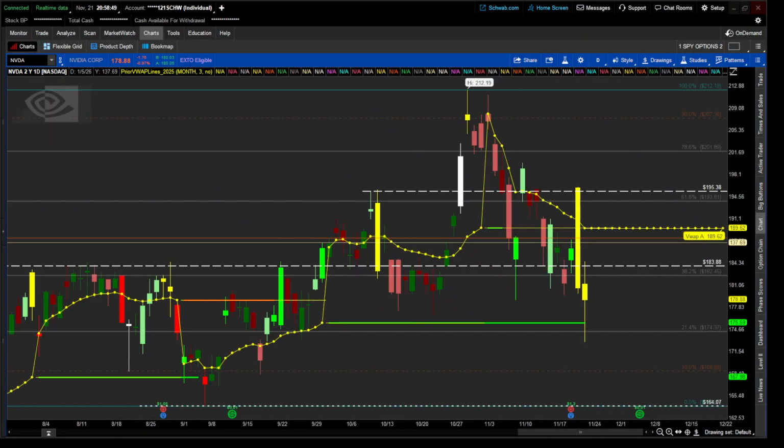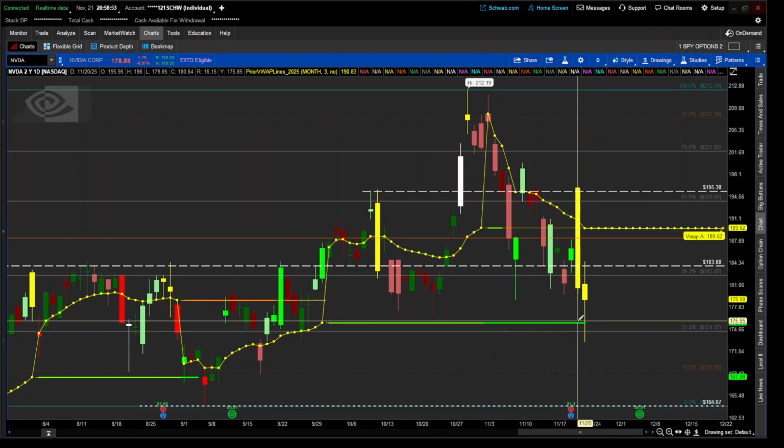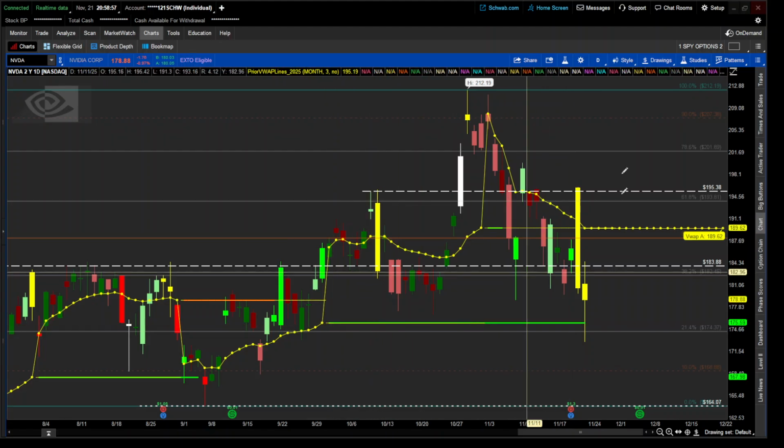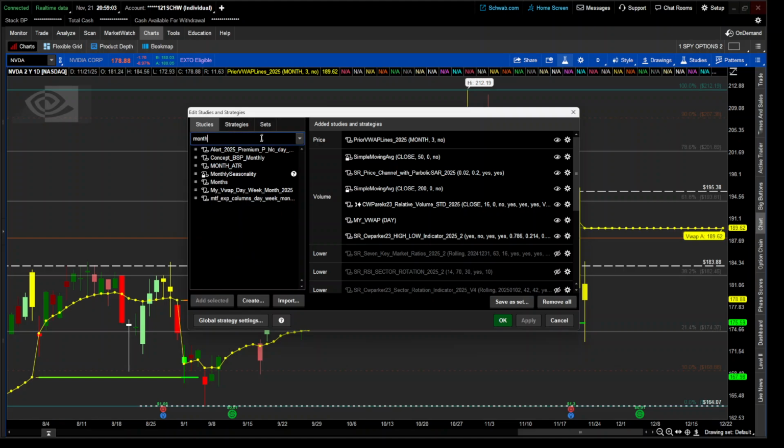And if we zoom into today, where did Nvidia stop? It stopped at one of these previous monthly VWAP levels, and we could see this if I put my months indicator on here.